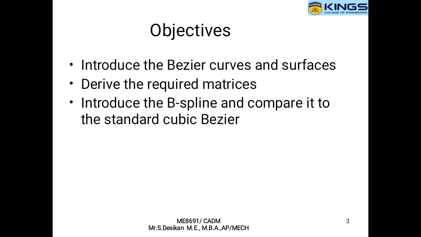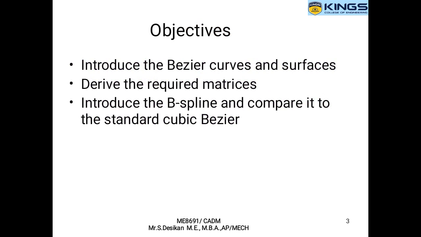So what is the objective of this unit? Objective means what we are going to conclude, what knowledge we are going to acquire at the end of completion of this unit. First point, what is a Bezier curve and surface? We will have clear information about Bezier curve and Bezier surface.